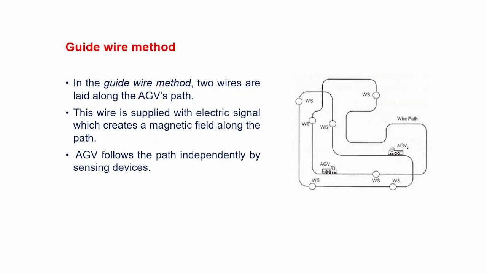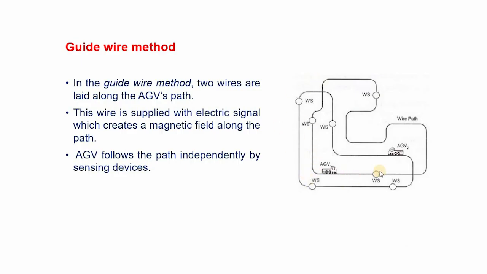In the guide wire method, two wires are laid along the automated guided vehicle's path. The wire is supplied with an electric signal which creates a magnetic field along the path.